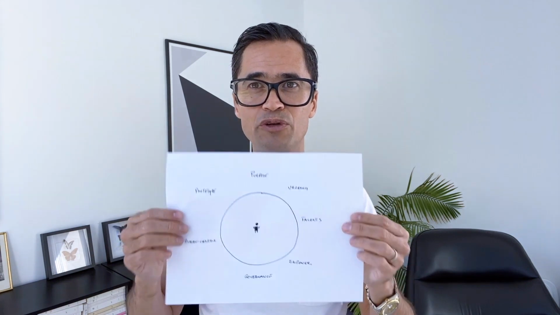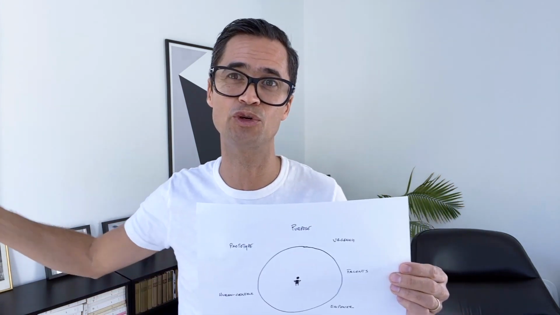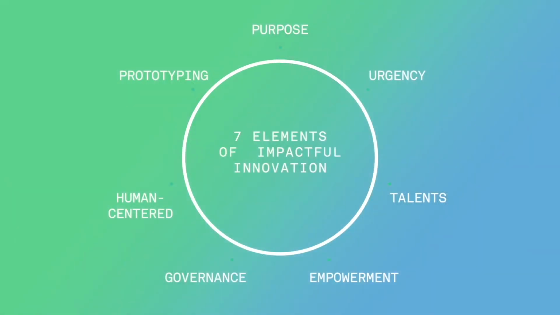And the reason why I'm putting this in a circle is for a very specific reason. This is not a sequence through which you go when you lead an organization. It's more like how much emphasis or attention you need to allocate to the 7 elements to constantly keep the momentum on innovation. And that's what I would like to spend some time presenting to you in more detail.